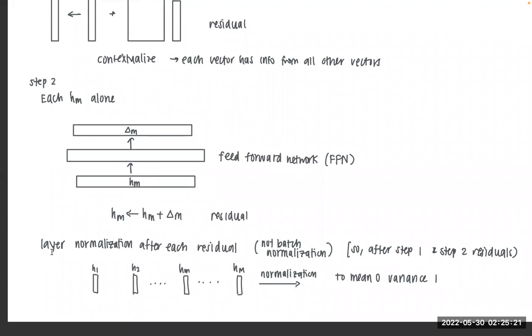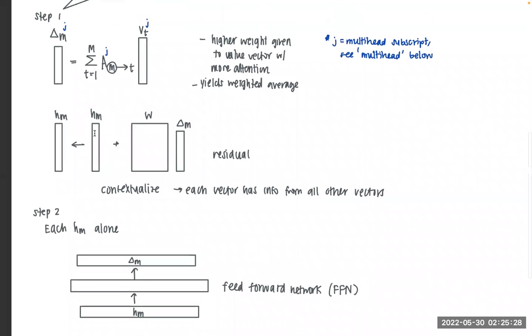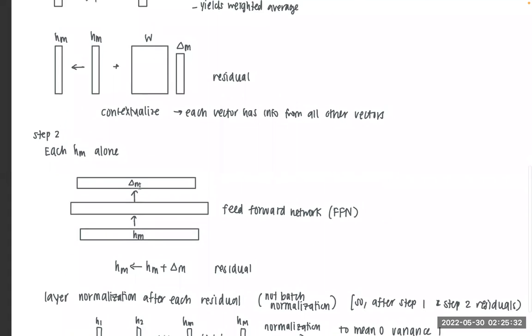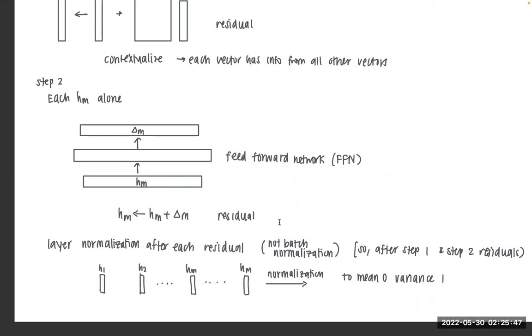So you have layer normalization after each residual parameterization. There's a residual operation in step 1 and a residual operation in step 2. Step 1 is done during the party by collecting information from others, and step 2 is done after you go back home to think for yourself, so it doesn't involve any other vectors.